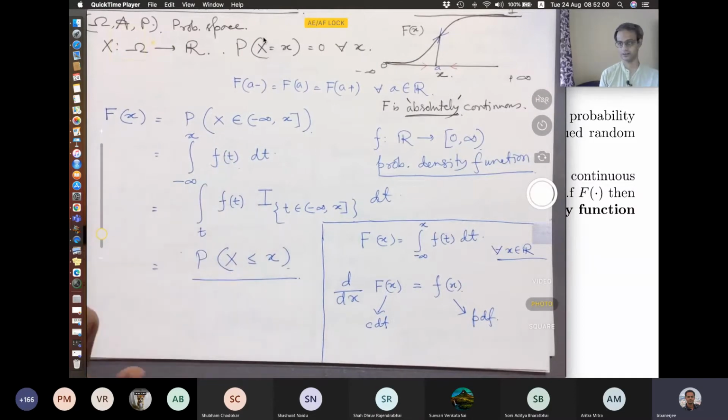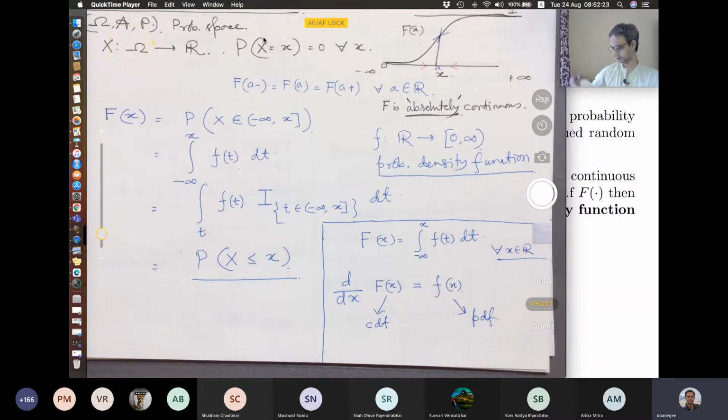That's it. As simple as that. And for your course, everything will hold in the Riemann sense. So whatever you are doing so far will be good enough. Is it okay? Any query?